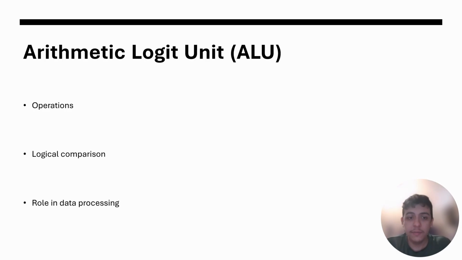And so now we have the arithmetic logic unit, ALU, as we were saying in the previous slide. The ALU is the component of the CPU responsible for performing the arithmetic calculations and the logical operations. The arithmetic functions include operations we all know, like addition, subtraction, multiplication, and division.